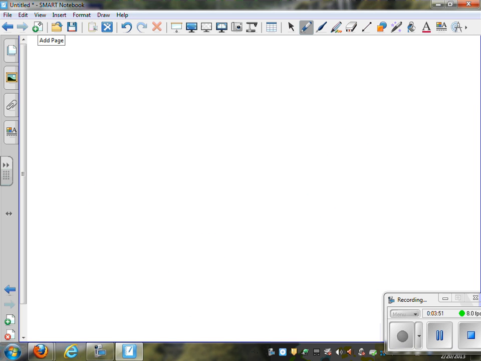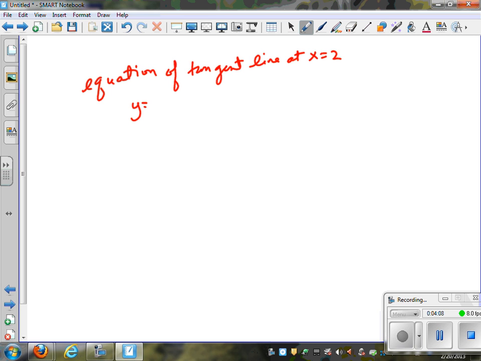Okay, so then I want the equation of the tangent line at x equals 2 for this function. What do we do? Exactly what we were doing last time, wasn't it?